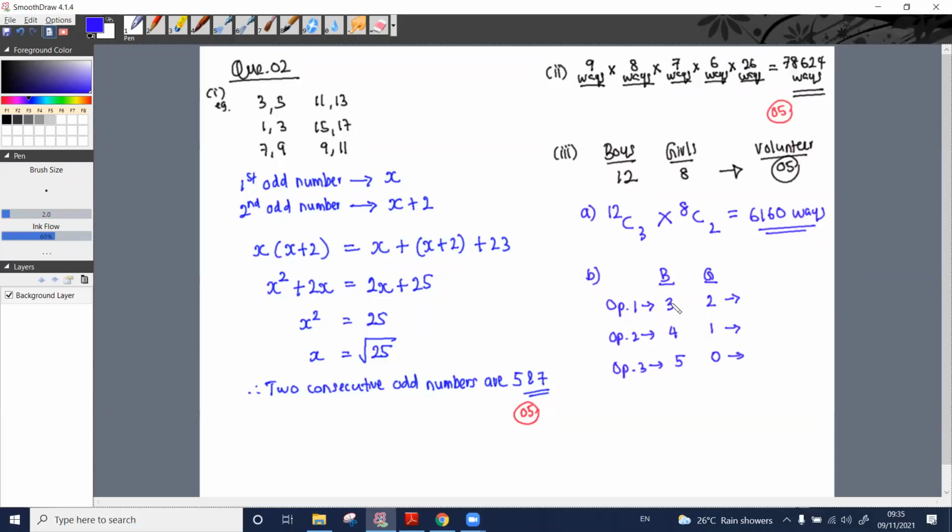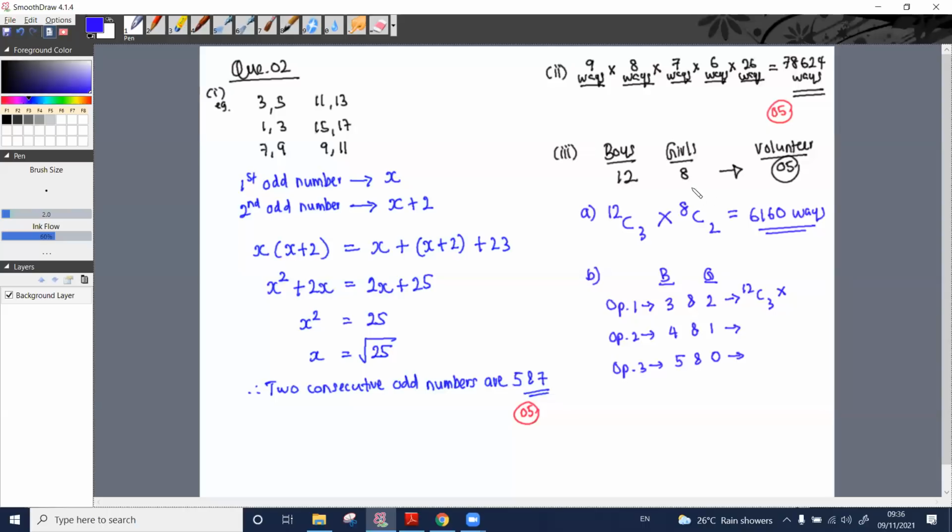See here, 3 boys out of how many? 12. So out of 12, we need to select 3. And the other options are 3 boys and 2 girls, 4 boys and 1 girl, and 5 boys and no girls. And now multiplication.